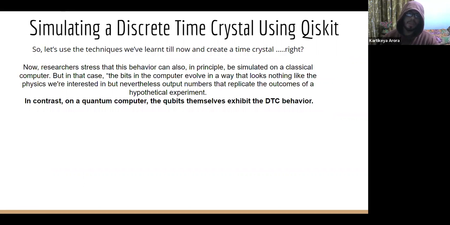On the other hand, on a quantum computer, the qubits themselves exhibit the discrete time crystal behavior. The qubits of a quantum computer, in a sense, become a discrete time crystal when we use Qiskit to simulate time crystals on an IBM quantum computer.